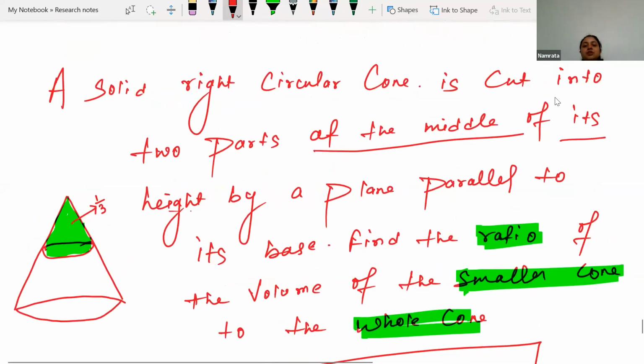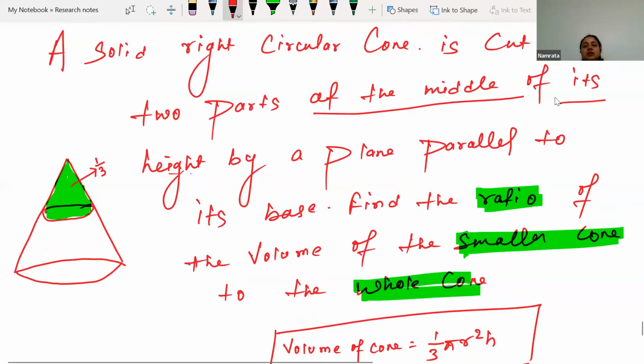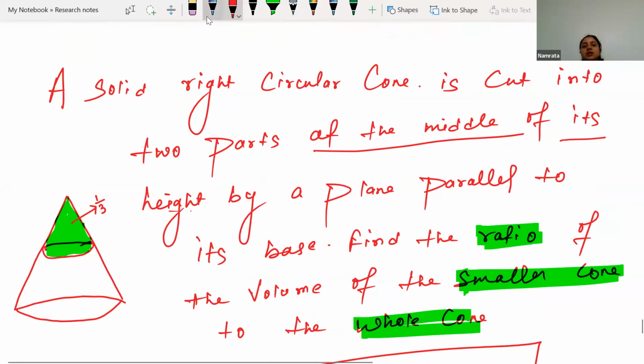Read the question carefully and tell me what hint is given in the question which will help us to proceed from here, or the key point which is given in the question.